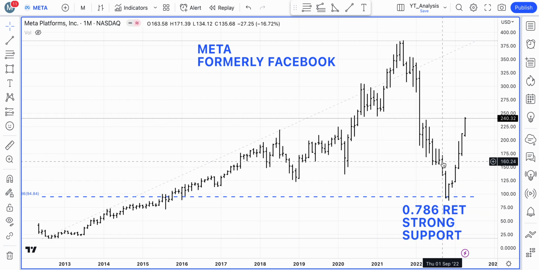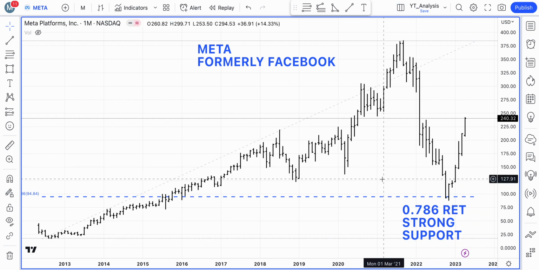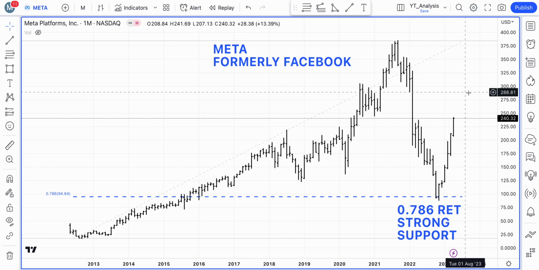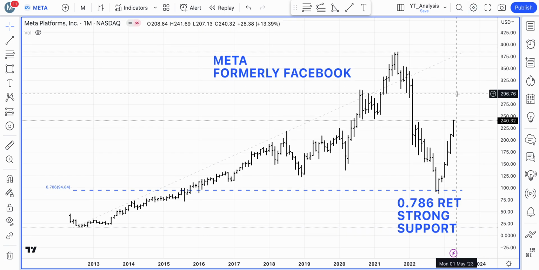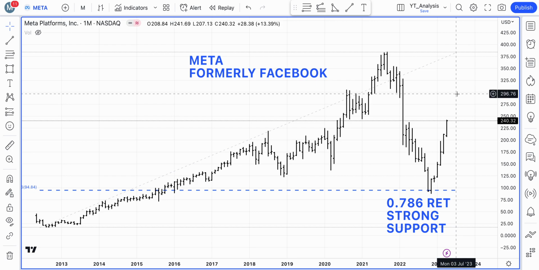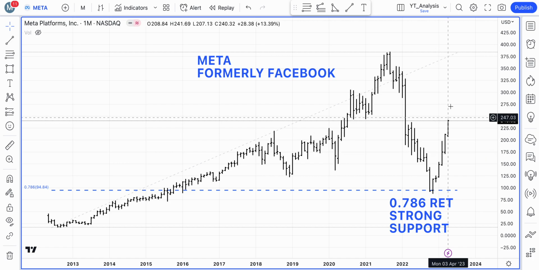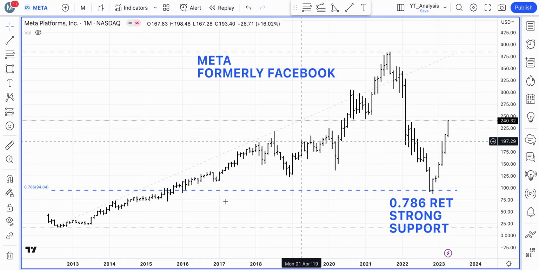Went a little bit lower, but look at this dramatic fall. Now it's moving higher, and as long as this strong support remains at the 78.6% Fibonacci retracement, looks like the woes of Meta, formerly known as Facebook, might be finally getting over. And this has been a fantastic, really impressive rally in this stock.